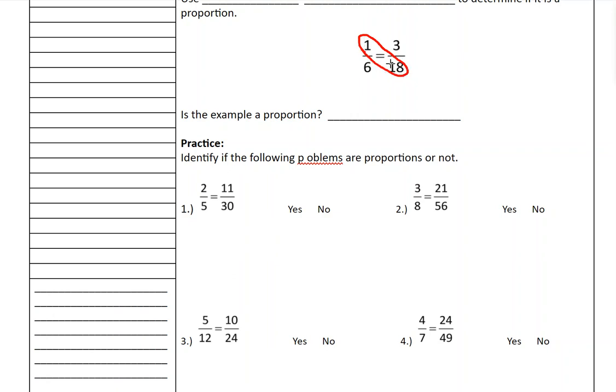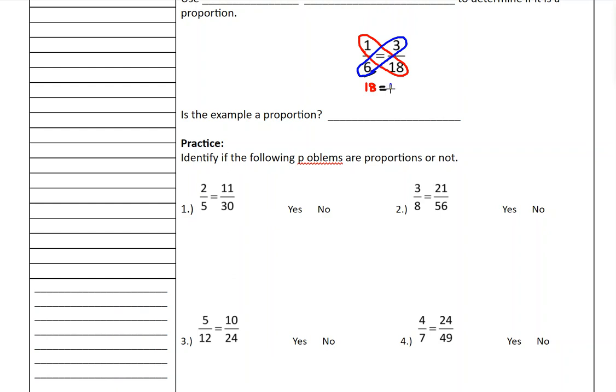First I'm going to multiply 1 times 18. 1 times 18 is equal to 18, and that's going to go on one side of our equation. Then we write our equal sign, because this is an equation, and then we cross multiply the other two values diagonally.